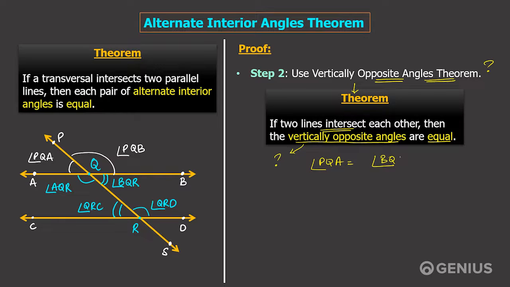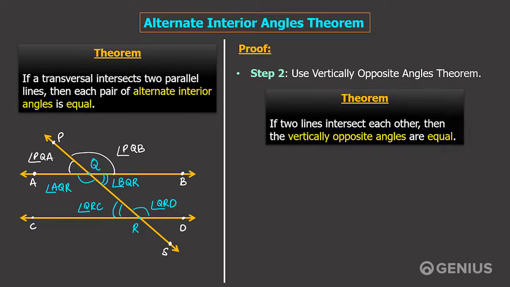Correct? तो इसको हम कहेंगे equation number 3. Similarly, the other pair of vertically opposite angles are angle PQB यहाँ पे and is the same as angle AQR यहाँ पे. Right है ना? तो इसको हम बोलते हैं equation number 4.